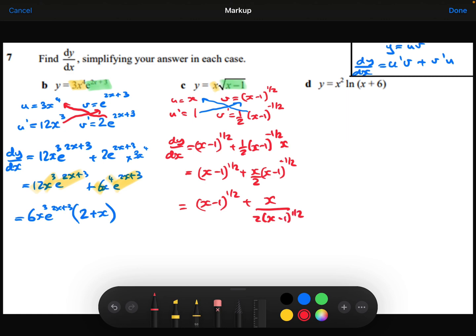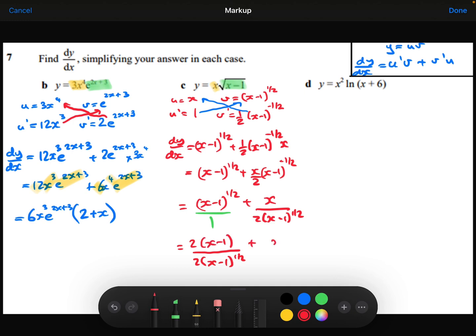And then what I'm going to do is I'm going to get a common denominator, just to write this as simple as I can. So the first fraction here, I'm going to multiply top and bottom by 2 times x minus 1 to the power of a half, so that it matches up with the denominator here. So if I times the numerator by that, I've got a 2, and then the x minus 1 to the power of a half times the x minus 1 to the power of a half, that I'm timesing by, will just be x minus 1.